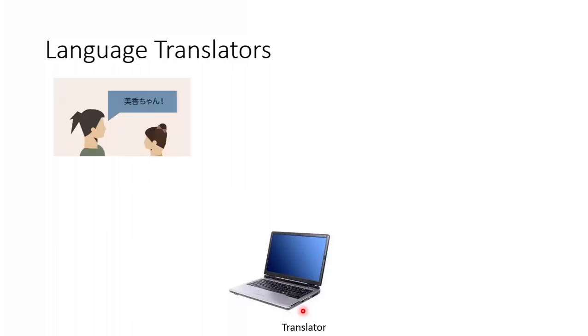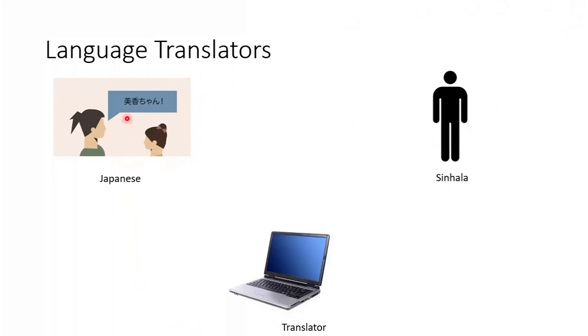In the same way, you may see there's a Japanese person speaking here, and there's a person speaking in Sinhala. Now these two people need to discuss something important, so communication should happen.